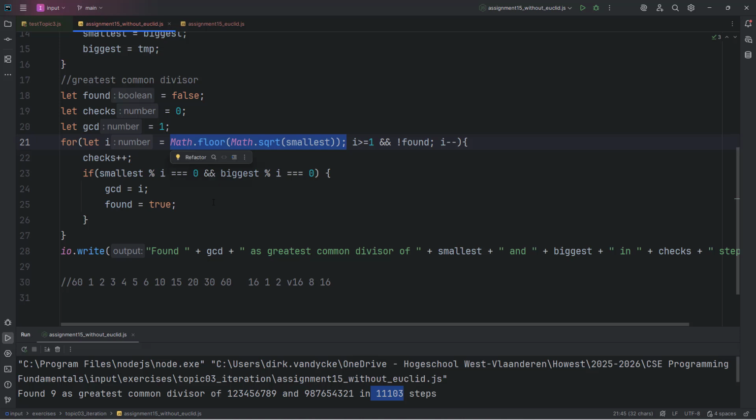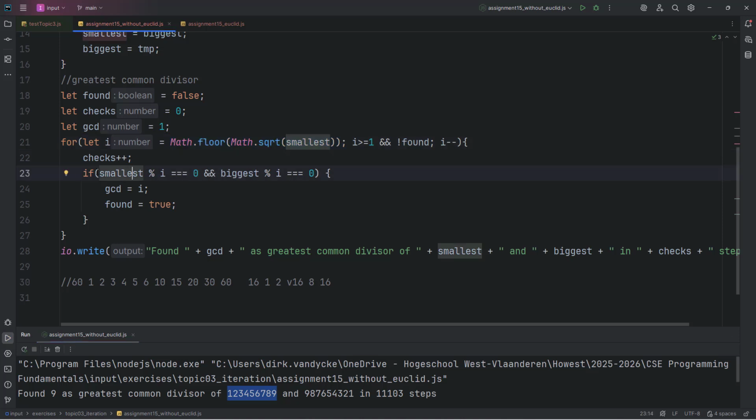But wait a minute, if the biggest common divisor will be on the wrong side of this, I will have a problem. This won't work anymore. Okay, I'm lucky that 9 is under the square root of both these numbers. Well, at least under the square root of the smallest number. So I can't do this. Even though I'm starting at the end, I'm not sure that I've checked both divisors.